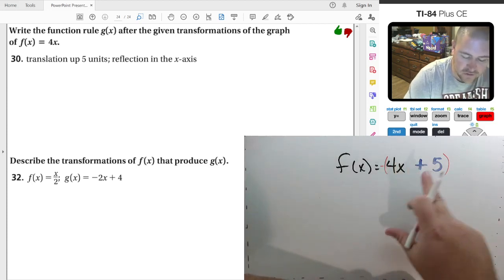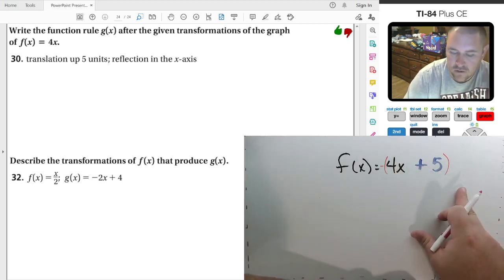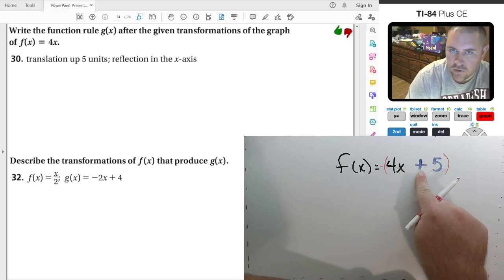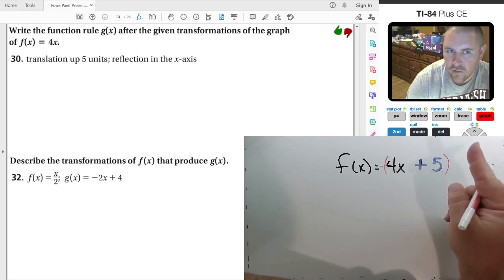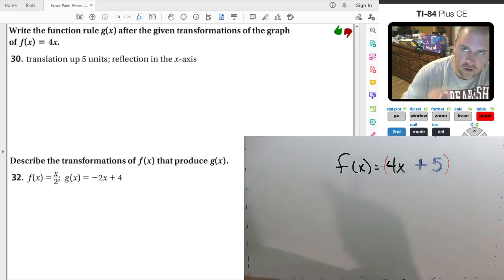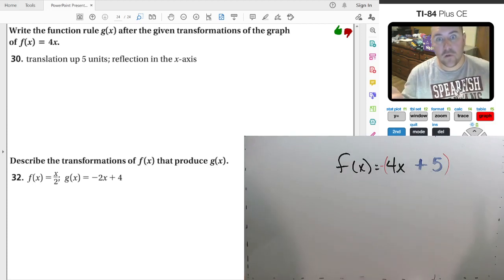Because now if I distribute a negative, I end up with a -5. Well, that's down 5 units. They said to go up 5 units. But if I translate up 5 units and then I reflect, that is actually down.